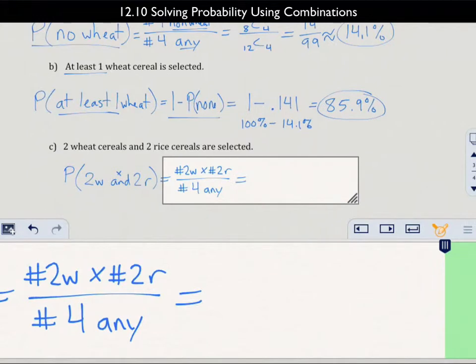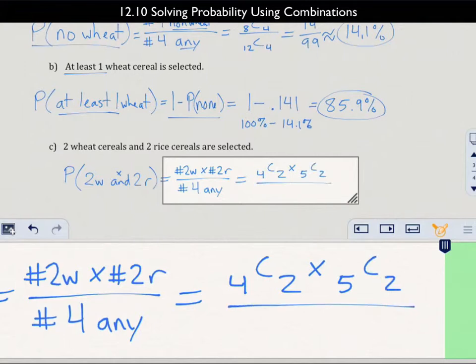So how can you get 2 wheat cereals out of 4 wheat cereals? That's going to be 4C2. And we're going to multiply that by, well, how can we get 2 rice cereals out of the 5 rice cereals? That'll be 5C2. And then we're going to divide this by the number of ways we can get any 4 cereals. So that's going to be 12C4.